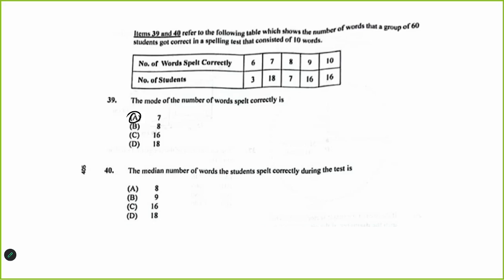Right, so the median number of words spelled, or the location of your median. It is 60 students, so your median, or Q2, is n plus 1 over 2, which is 60 plus 1 over 2. 2 could go into 6, 3 times, 2 could go into 1, 0 times 0.5.